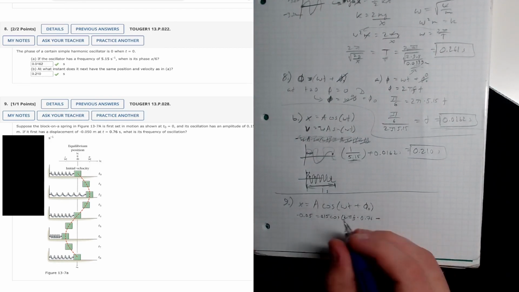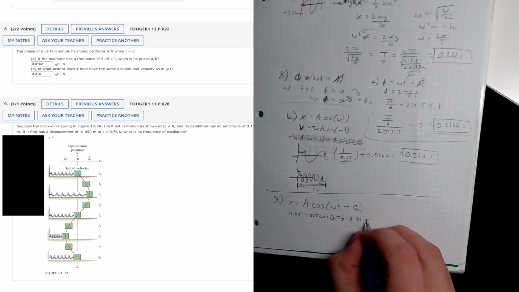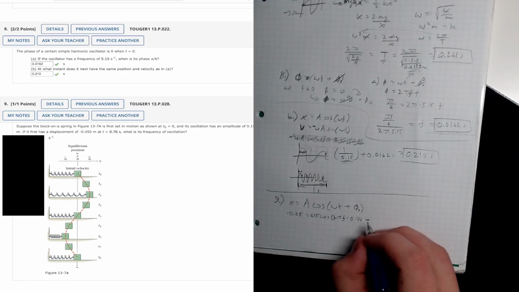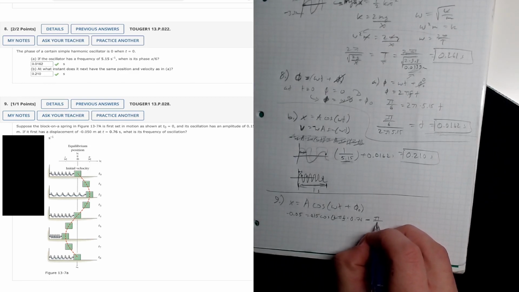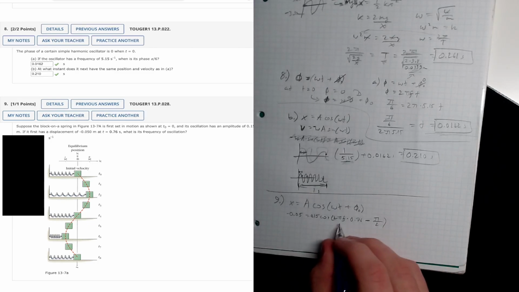That's just the shift you have to make to get from a cosine to a sine. Alright, now how do you do this? We just solve for f, basically.